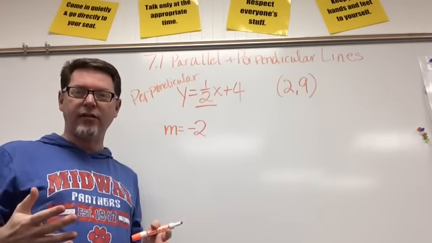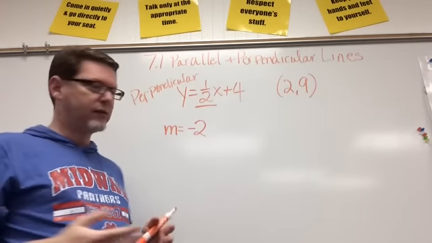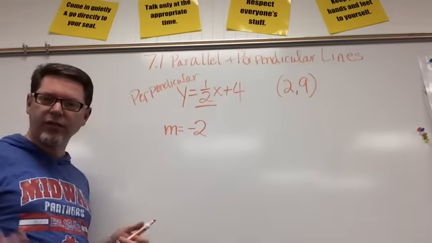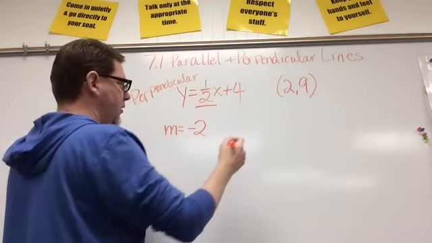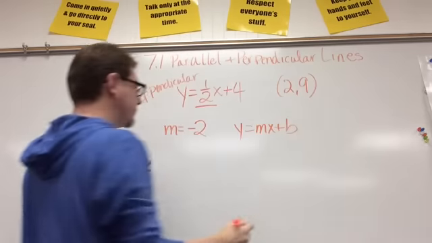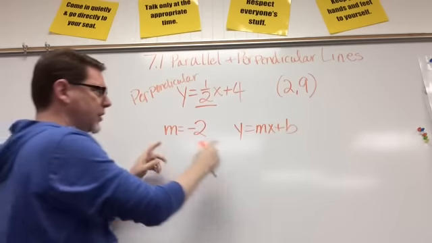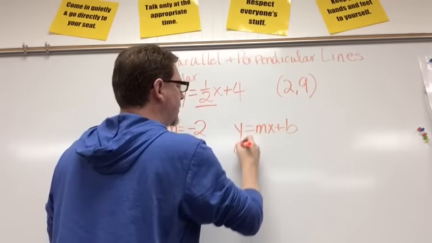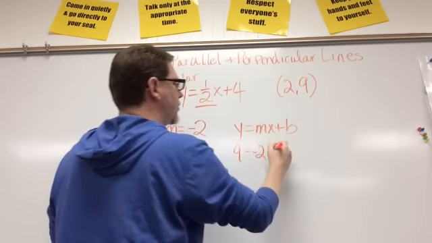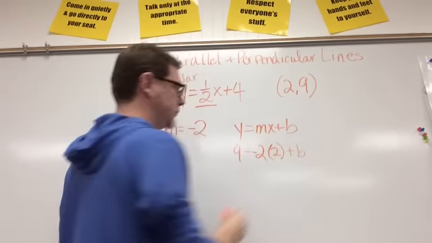Now I have to figure out what my b is. Now I have a slope and I have a point, so now I need to find out what my b is. So I'm going to plug it into y equals mx plus b. I'm going to use my new slope. So I know that 9 equals negative 2 times 2 plus b.